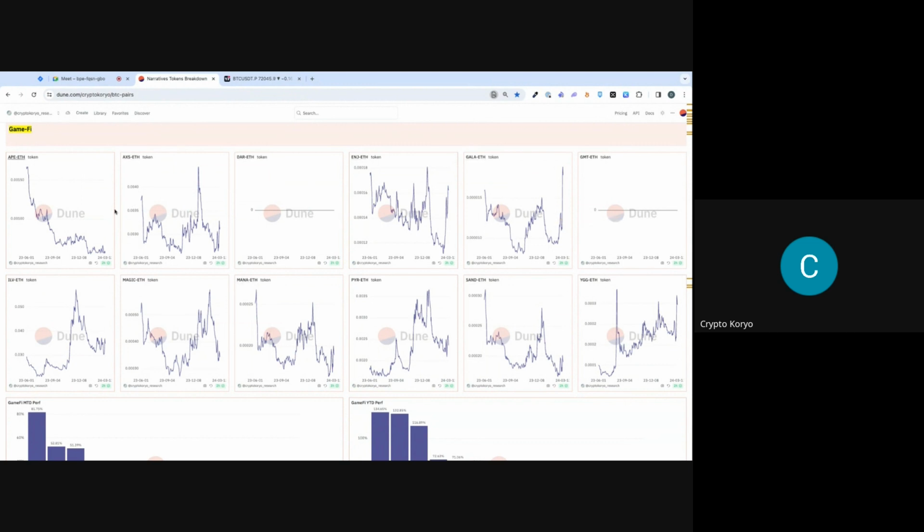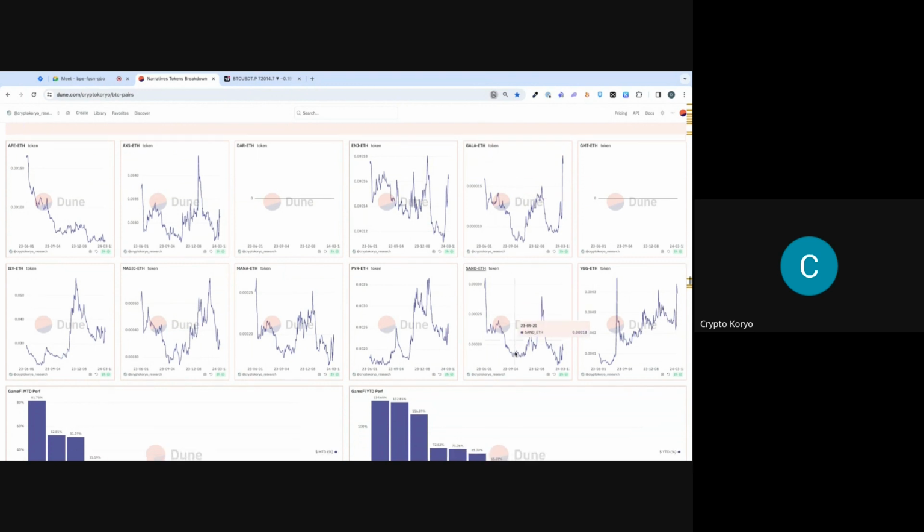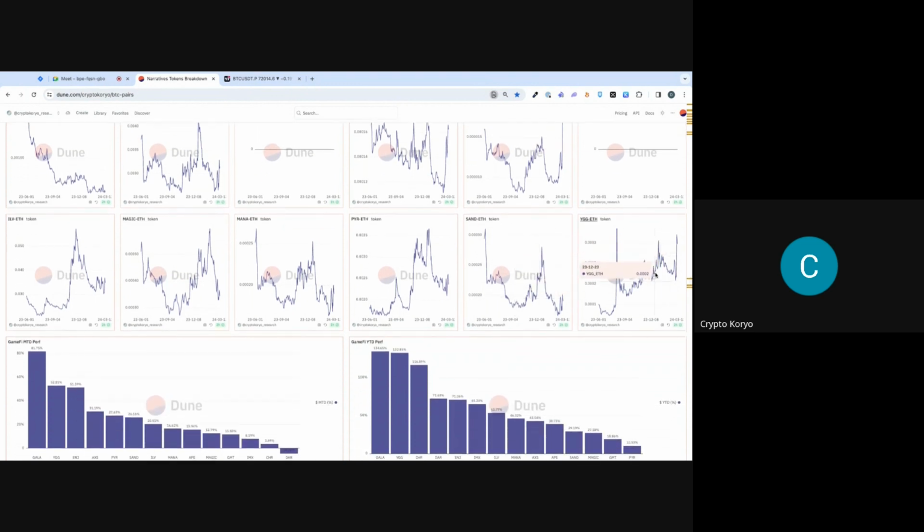We discussed with Mark last week that you should always use ETH or BTC as the benchmark, not USDT, especially in a bull market. You can see, for example, that APE has been consistently underperforming ETH in the last 6 months, but there are now some GameFi projects performing really well, like ENJ and Gala, and Sand recently, and YGG.